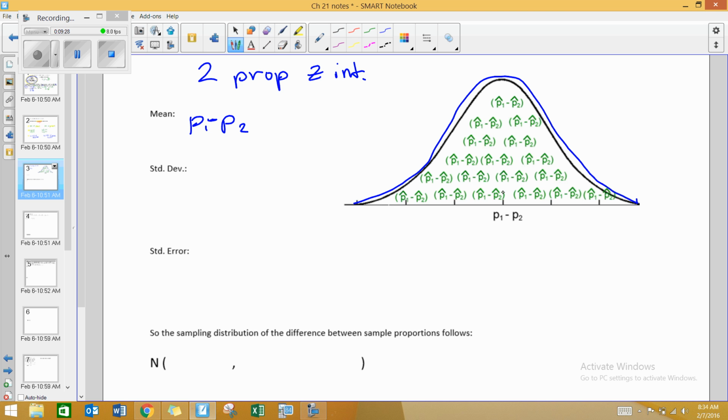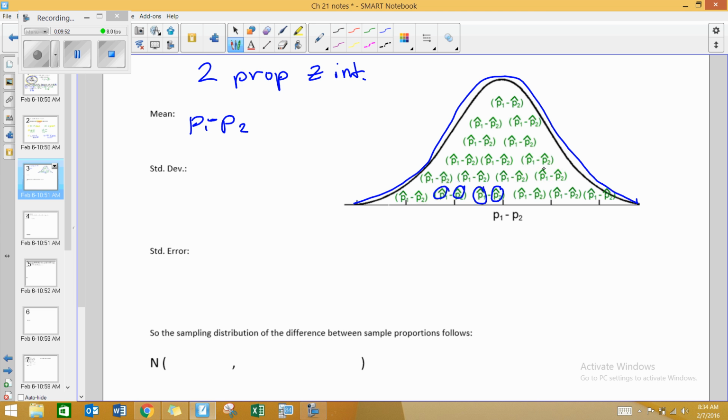Well, now it's the difference between sample proportions. So I went out and I asked 200 males, and I went out and I asked 250 females, and I took the difference of the sample proportions.